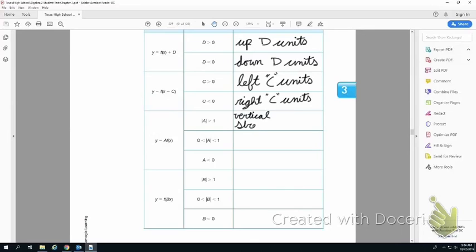Stretch. And if it is between 0 and 1, it is going to vertically compress. Dalton, if a is negative, it's going to reflect across which axis? Reflect across the x.